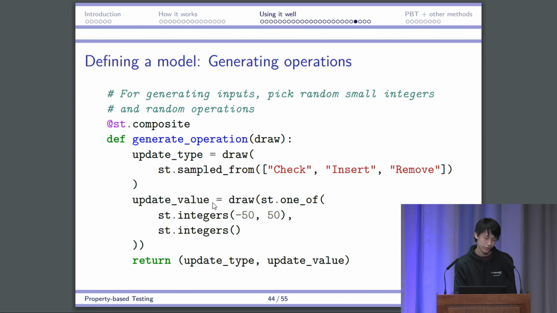I also take an integer value that I draw, and it has a 50-50 chance of either being a small number or a number that's unbounded. And remember, I do this to alter the distribution of my test cases so that I'm able to make sure that key value collisions, or key collisions, actually happen. And then finally, I return the update type in the first element of the tuple and the update value as the second element.